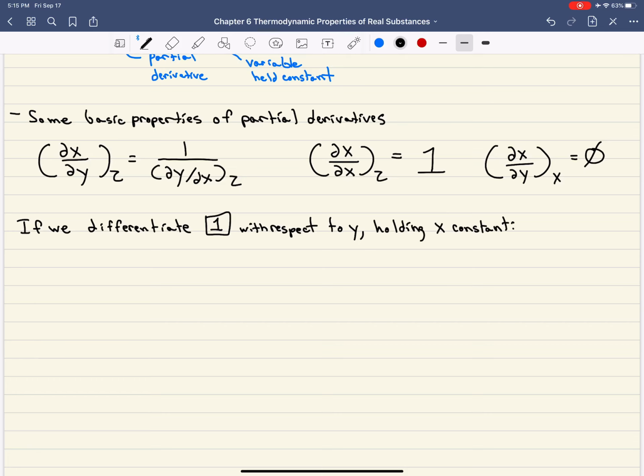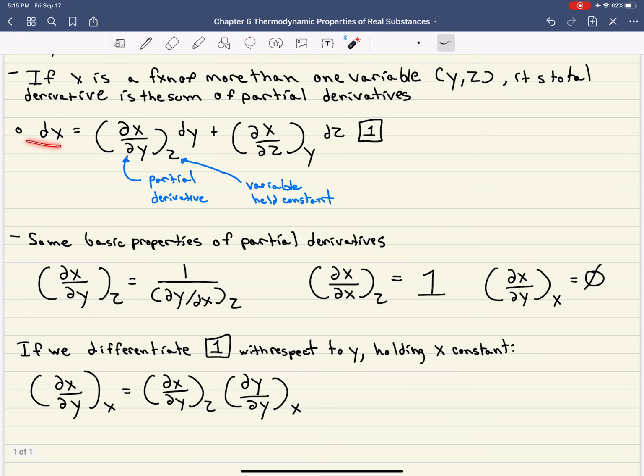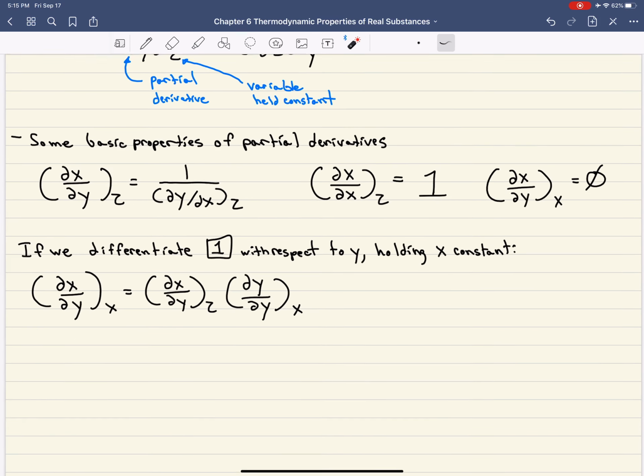okay, so what we would have is (∂x/∂y) at constant x is equal to (∂x/∂y) at constant z times (∂y/∂y) at constant x. And so essentially you could think of it like we divided everything here by dy.